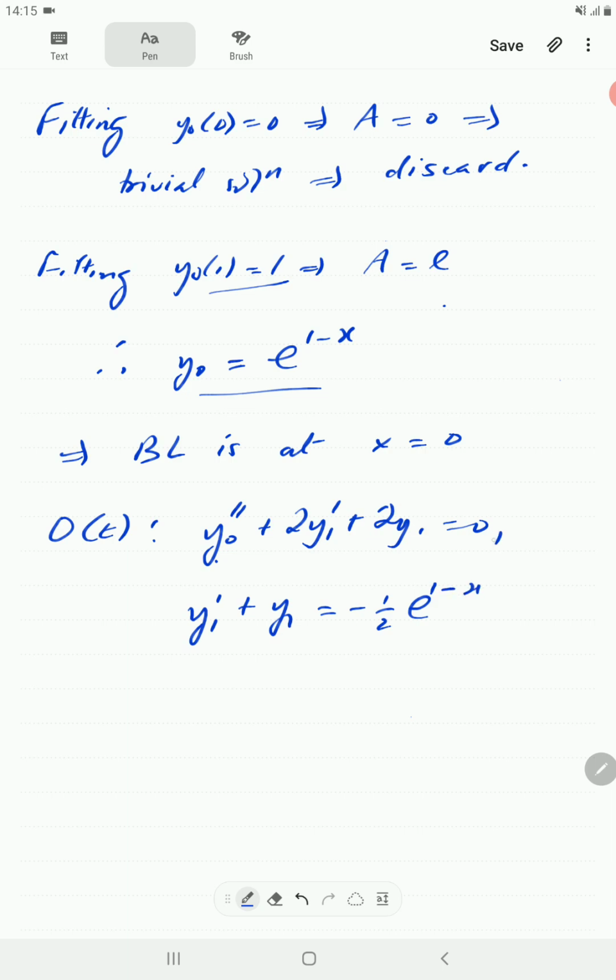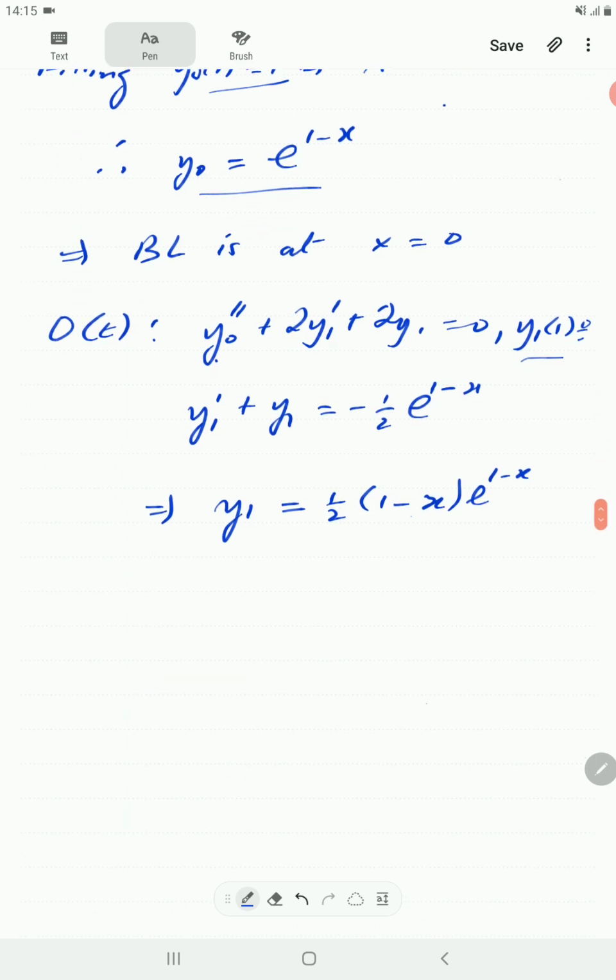The condition for y1 is that when x equals 1, y1 must be equal to 0. Then solving this subject to that condition gives us y1 is 1/2 times 1 minus x times e to the power 1 minus x.